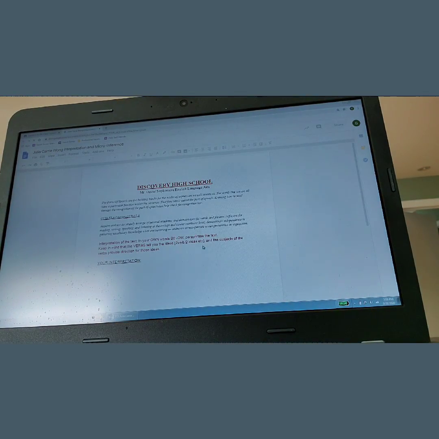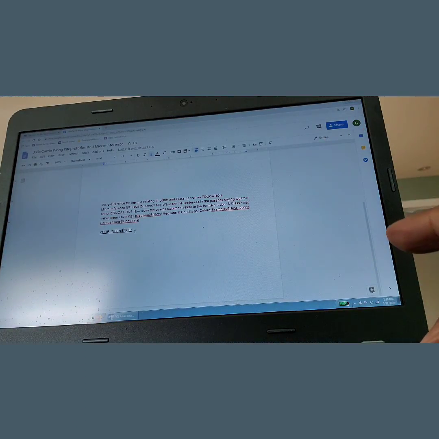And then with the Carrie Wong, you also have the Google Doc. That looks like that. And then what you do is you come down, and all you gotta do is place your cursor there. It starts blinking there, and obviously you can't place it down here yet. Oh, you know why?